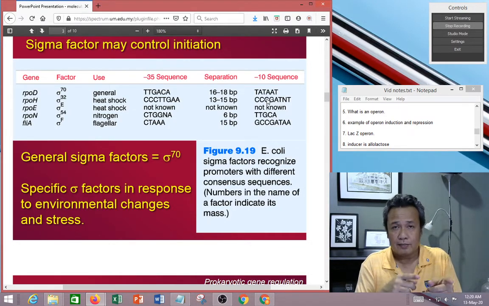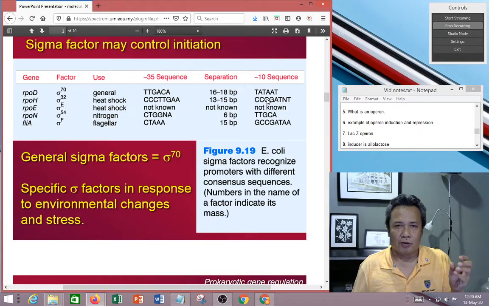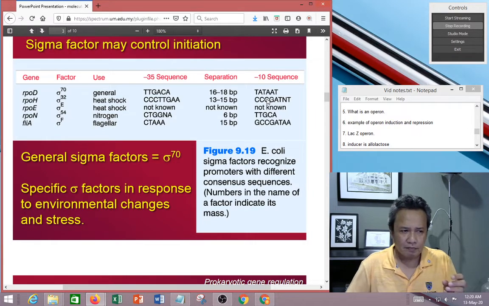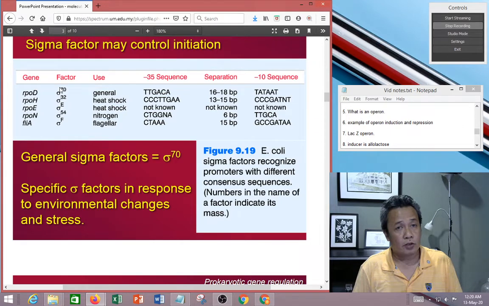Why? Because these genes that are produced in response to heat are being expressed. Why are they being expressed? Because you have the sigma factor that is specific for heat shock proteins. Sigma E is also for heat shock. These sigma factors, sigma 32, sigma E, don't recognize the general sequence. The general sequence is only recognized by sigma 70. Okay, so for example, if you need to use nitrogen, right?